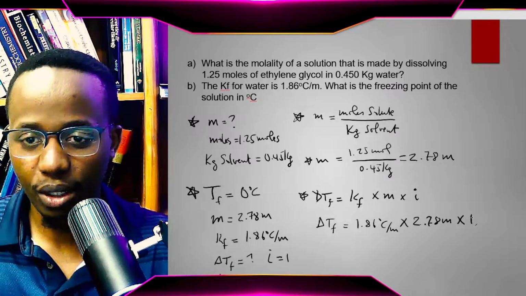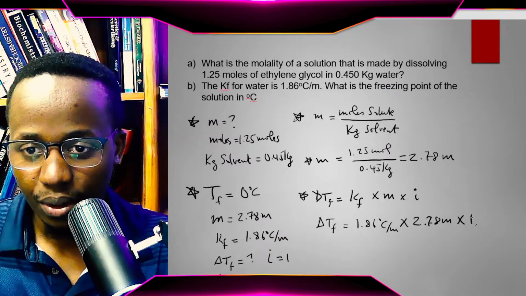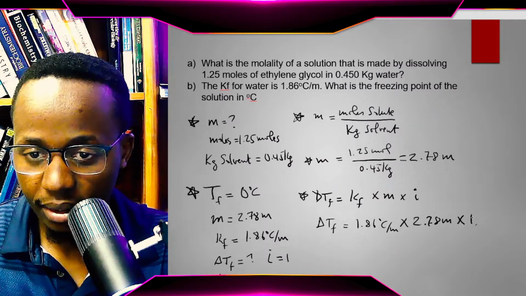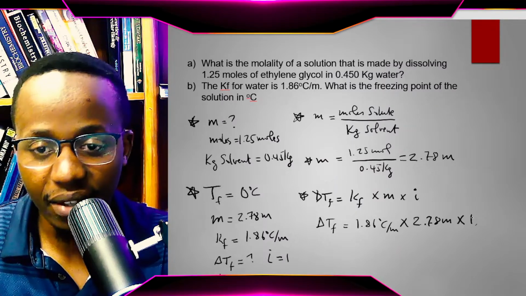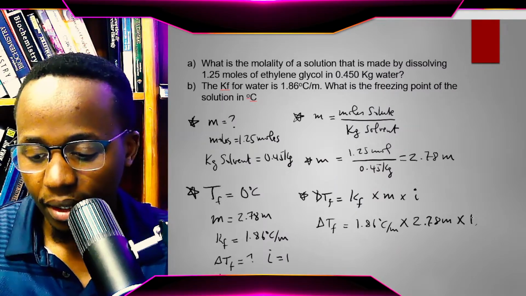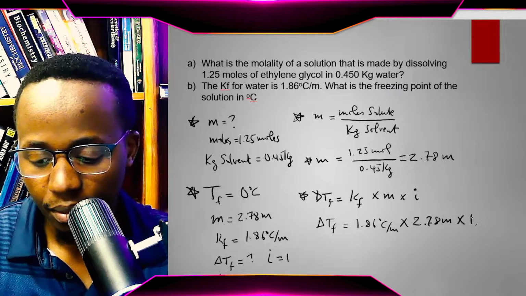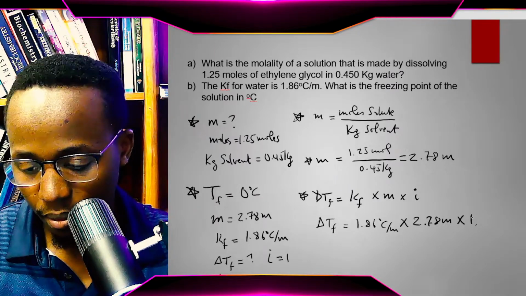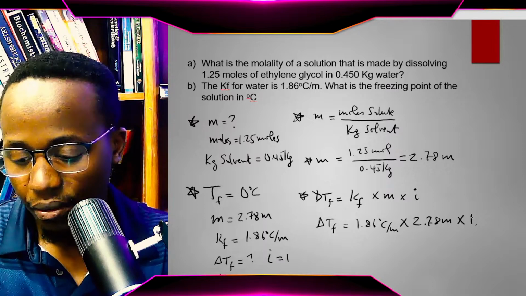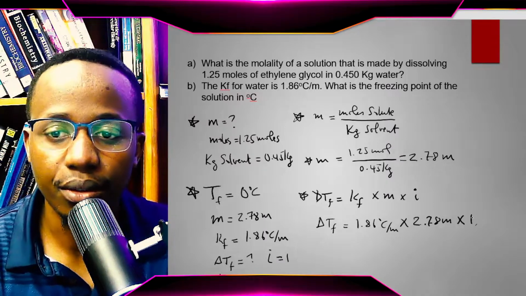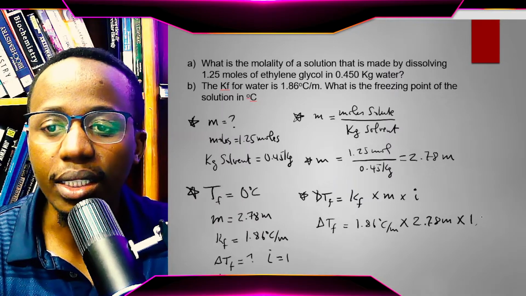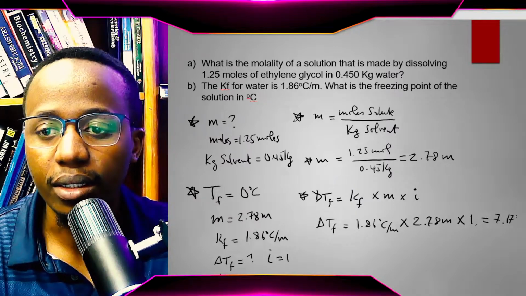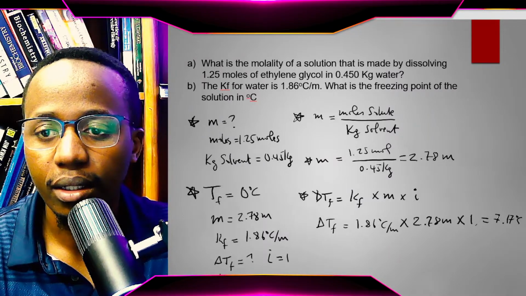So this is going to be equal to 1.86 times 2.78, which is equal to 5.17 degrees Celsius.